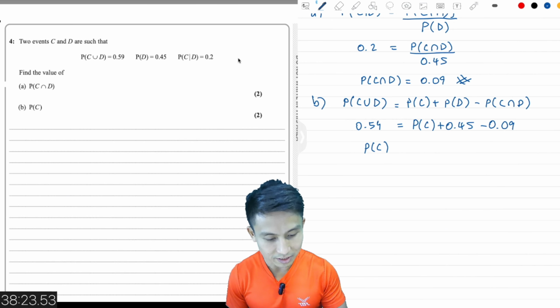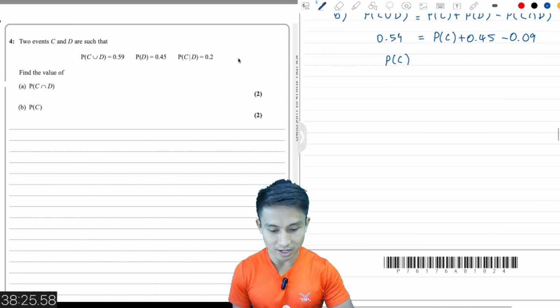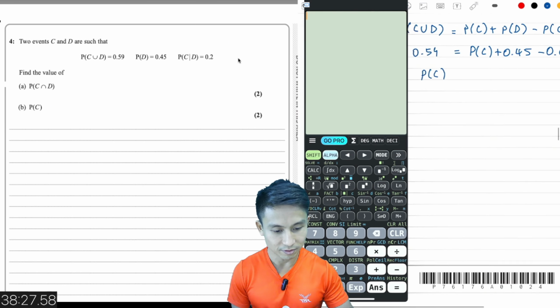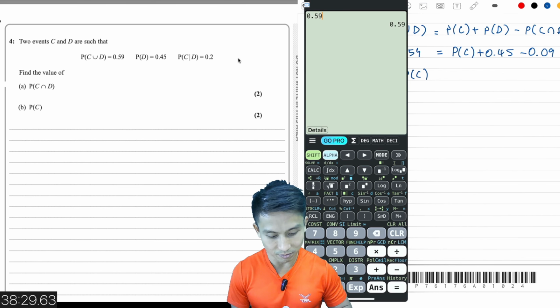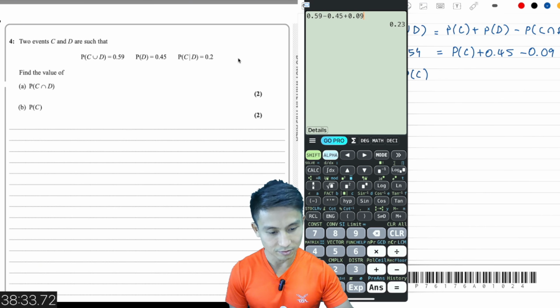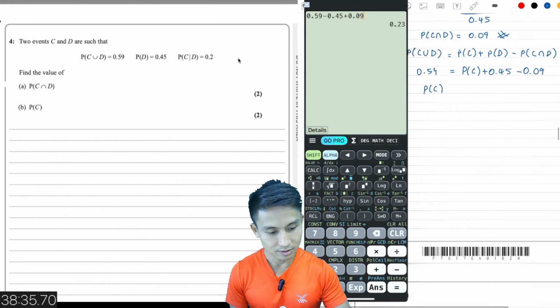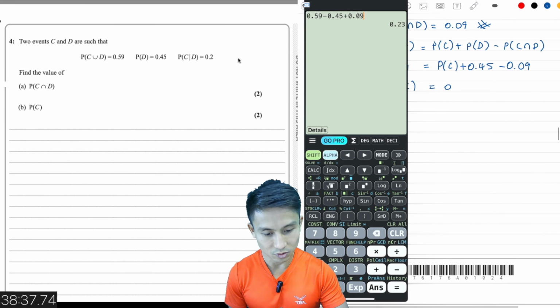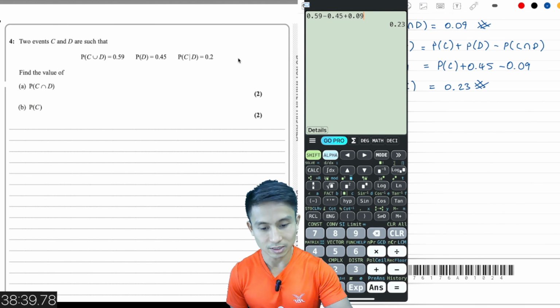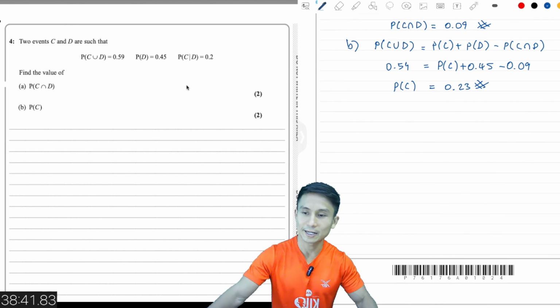So that means P(C) is just doing the algebra there. We would have 0.95 minus 0.45 plus 0.09, right? Yeah. So that would be 0.23 basically. Okay, that one was quick.